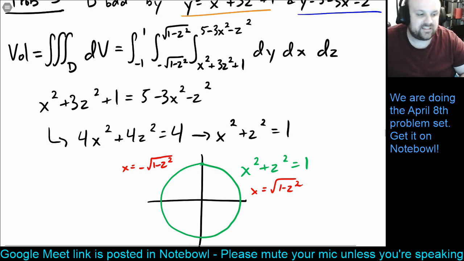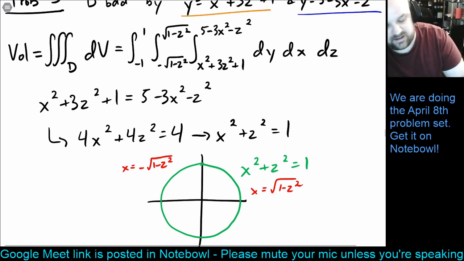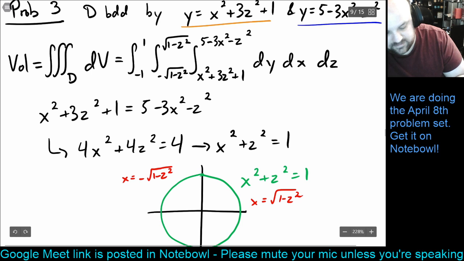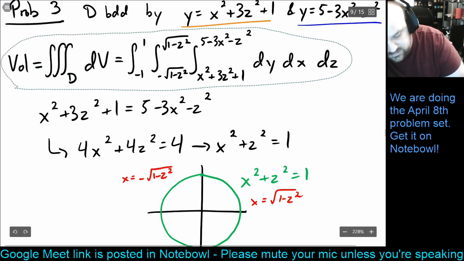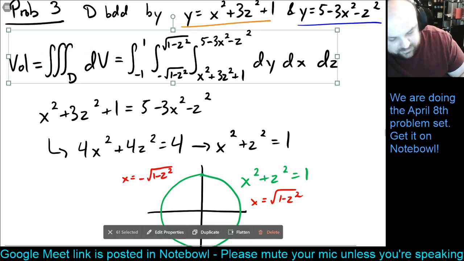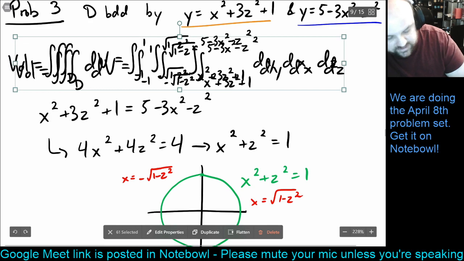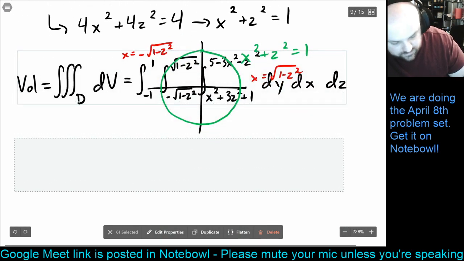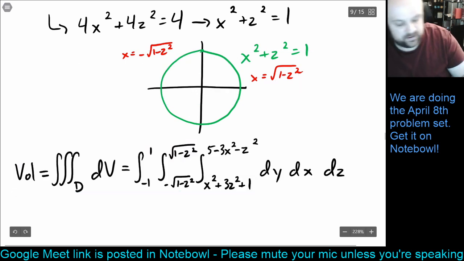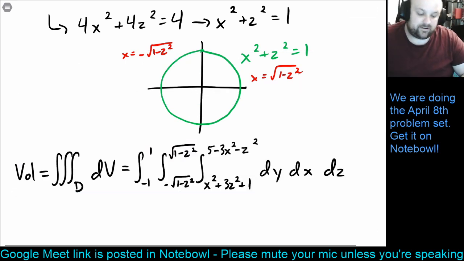So let's actually do this integral. This looks like a hot mess, but it's fine. I'm going to copy this; we actually have room to work on it. I want to integrate this.